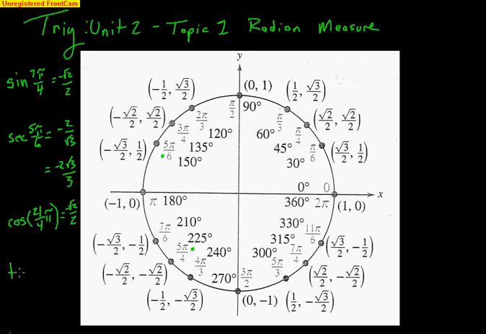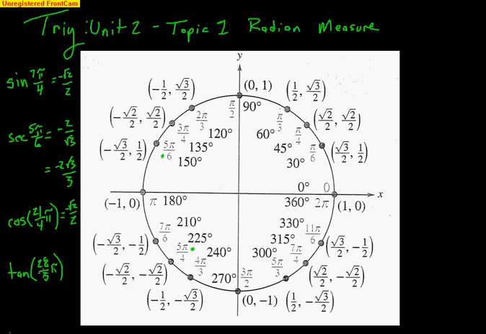Alright, I could then also do another one here. I could say, hey, what is tangent of 28 thirds pi? Same thing, I don't see 28 thirds anywhere on my unit circle, so I'm going to go to my calculator, type in 28 thirds in parentheses, and subtract 2 repeatedly until I get something that I do recognize, and the first angle I come to that I saw was 4 thirds pi.